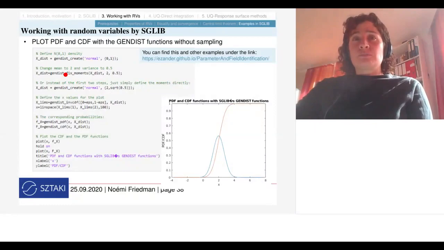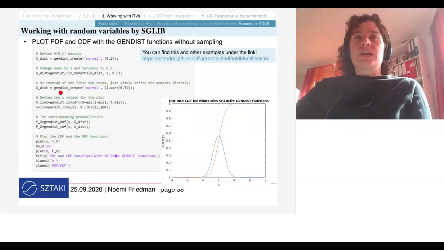You can change the distribution by fixing some moments, for example, to have mean 2 and variance 0.5. You can do this with this function, in one step, as I have here.